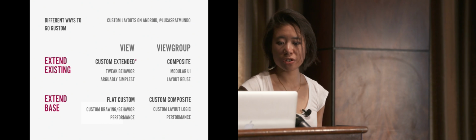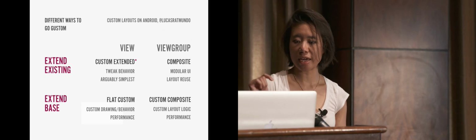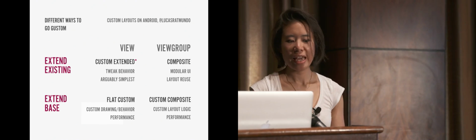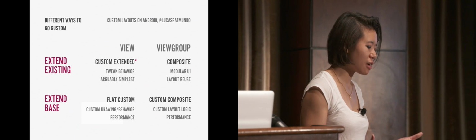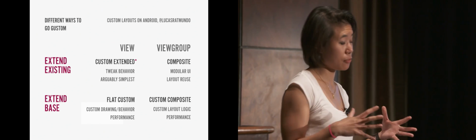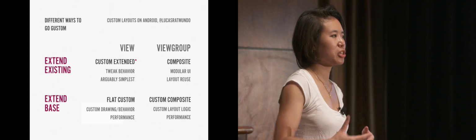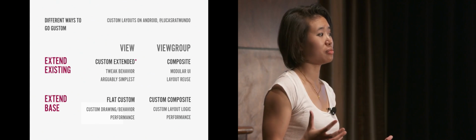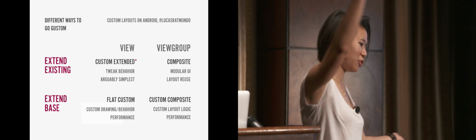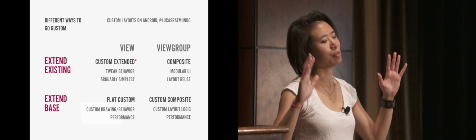Or if you're feeling adventurous, you can do what Lucas calls a custom composite view group. And rather than taking your set of views and sticking them in a platform view group, you're going to create your own view group. This is really great if you want to do your own custom layout logic. Say you for some reason want to do a view group where you just lay out all the views in a circle. You can use a custom composite view for that.